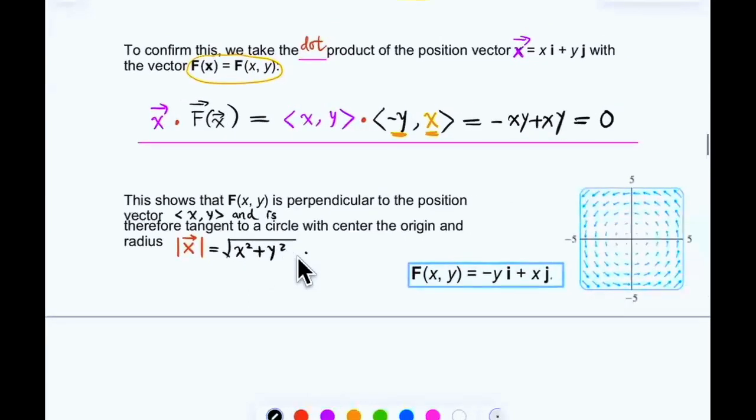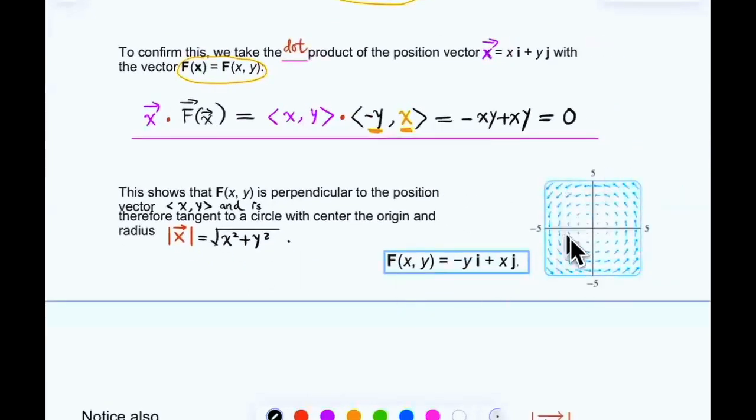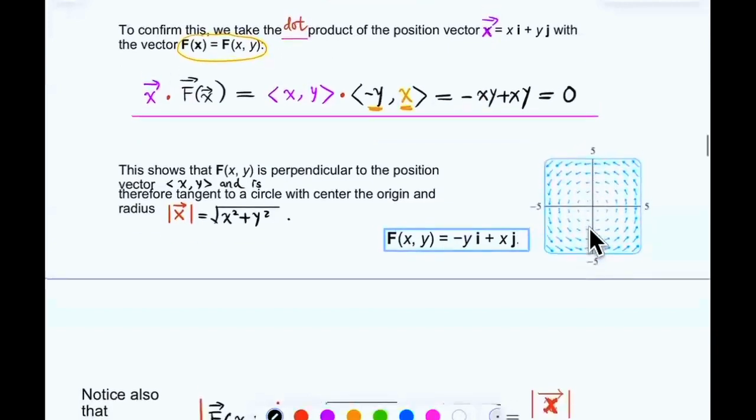Okay. So here, actually, we get more vectors. If you draw more, we get a better picture, and you see the vector field. Each vector is going to be tangent to a circle with center at the origin. It looks like a tornado.